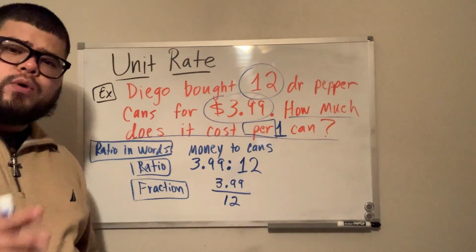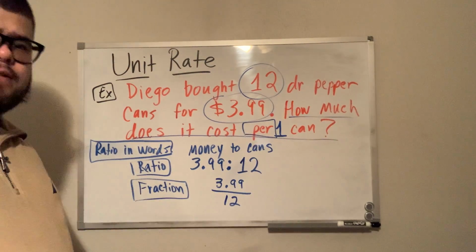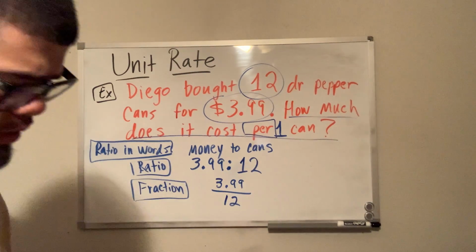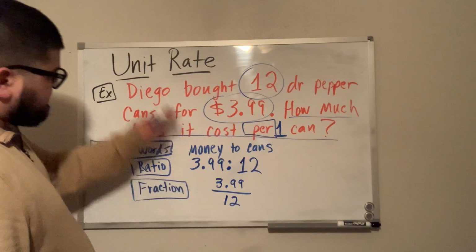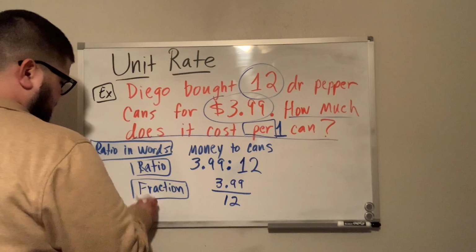Division. And so we're going to go ahead and divide this. Make sure you have this written down. I'm going to go ahead and erase it. All right, here we go. I'm going to rewrite this up here. 3.99 divided by 12.